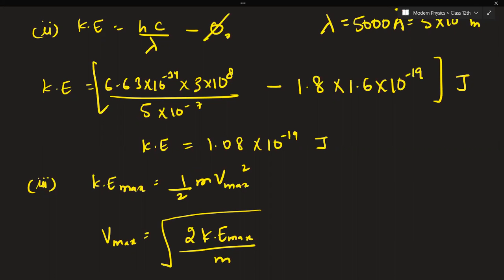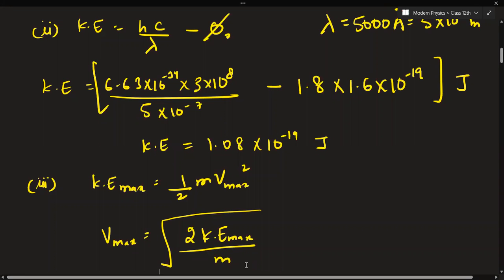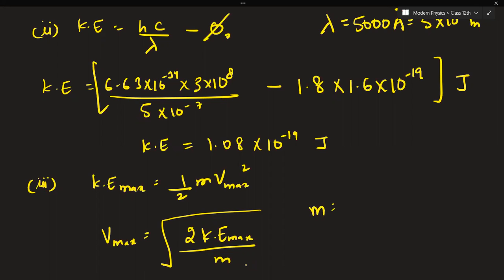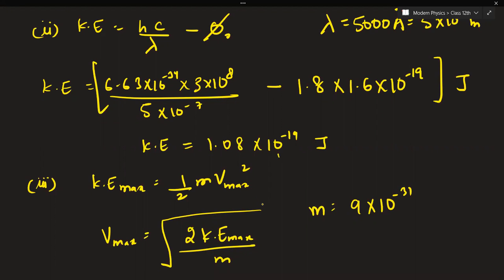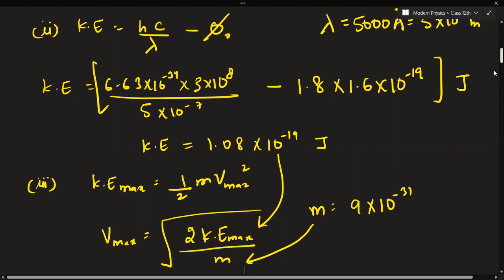Mass of cesium is not given, no? Okay, mass of emitted electrons, now we are calculating. So mass of electron is 9 into 10 to the power minus 31. We are calculating velocity of electron, no? So mass of electron is this, kinetic energy maximum from this part, mass here. Like this, you'll calculate V max.